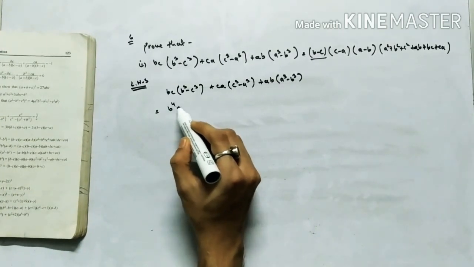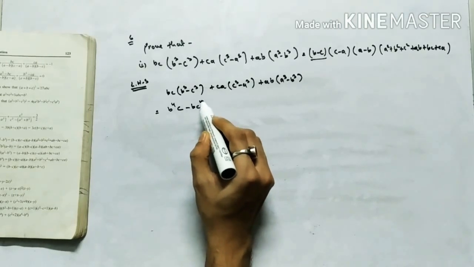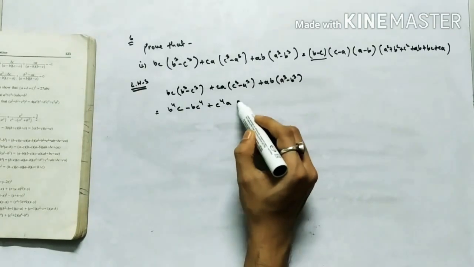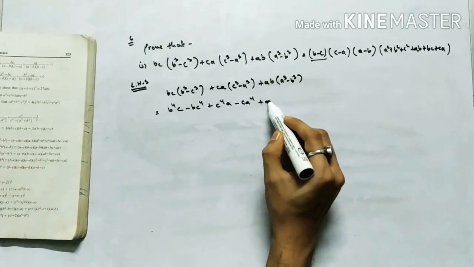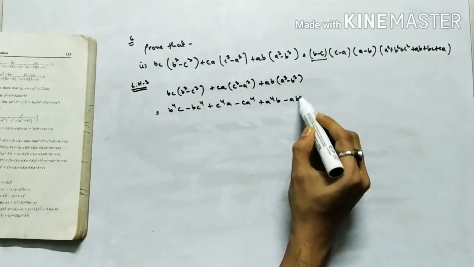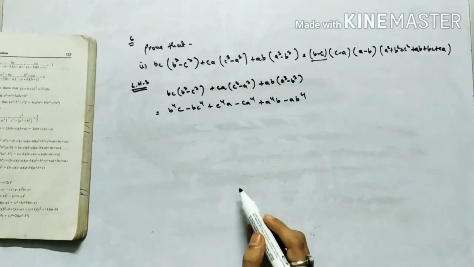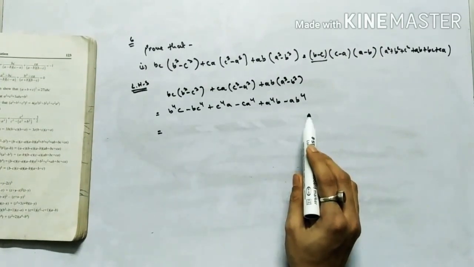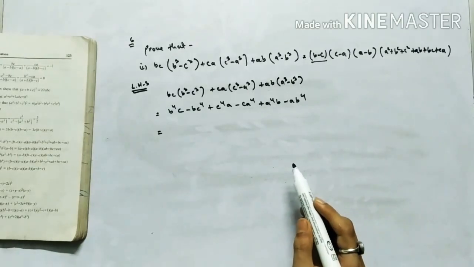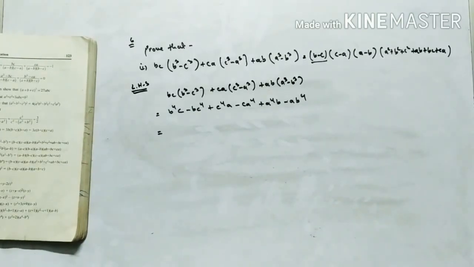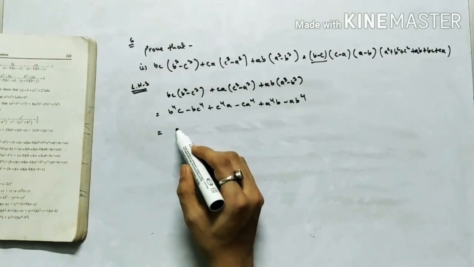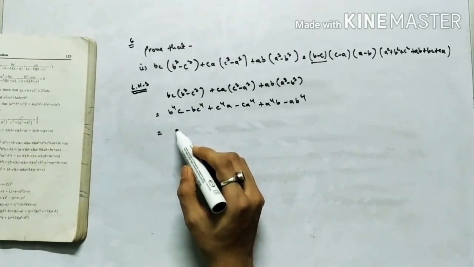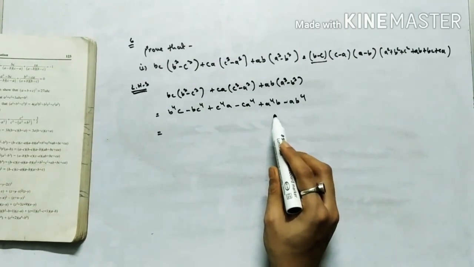So I will get B^4 C minus BC^4 plus C^4 A minus CA^4 plus A^4 B minus AB^4. Now this thing I will have to arrange in such a way that I can take out B minus C common. So in here you see how I will arrange here.